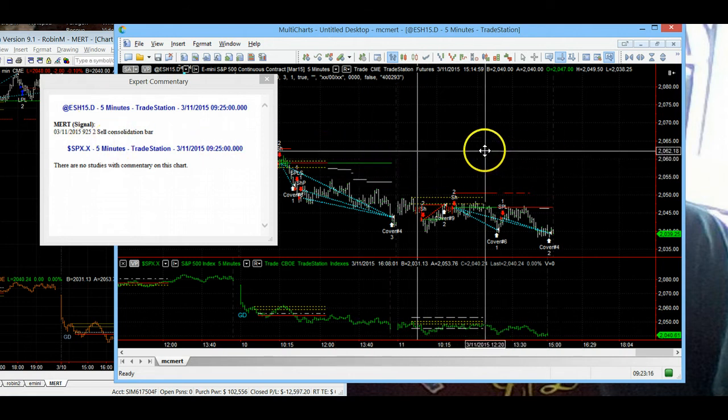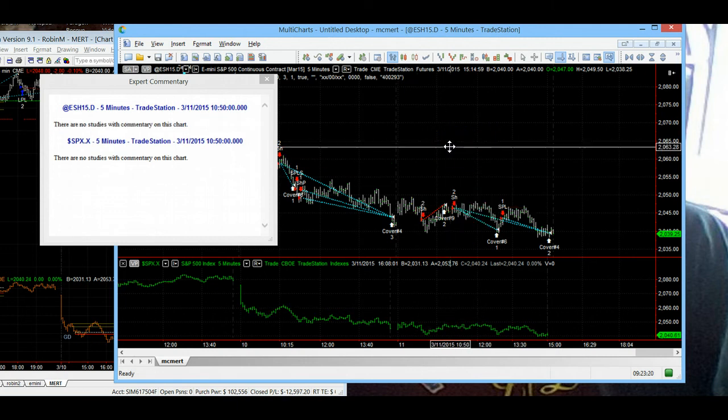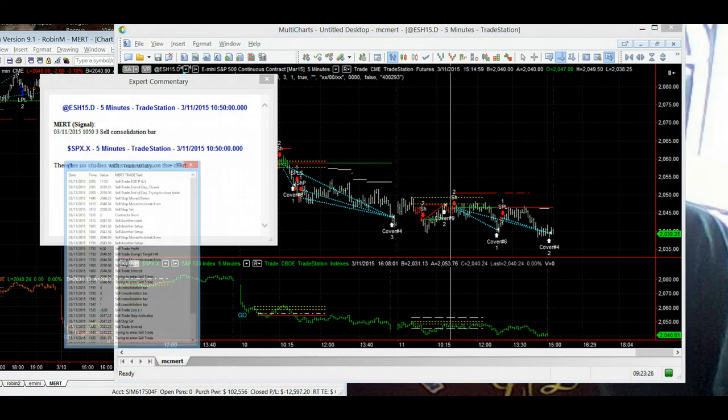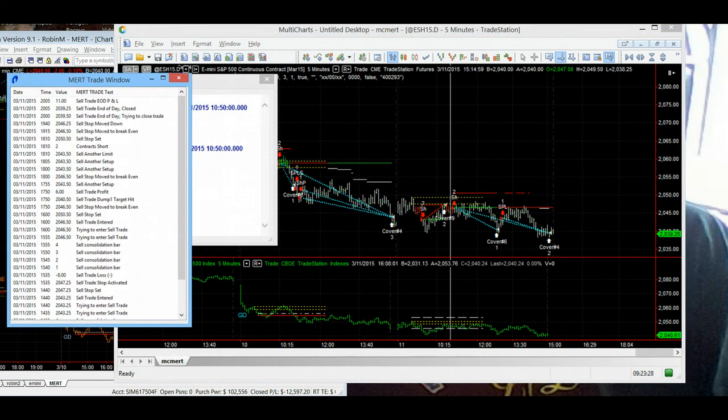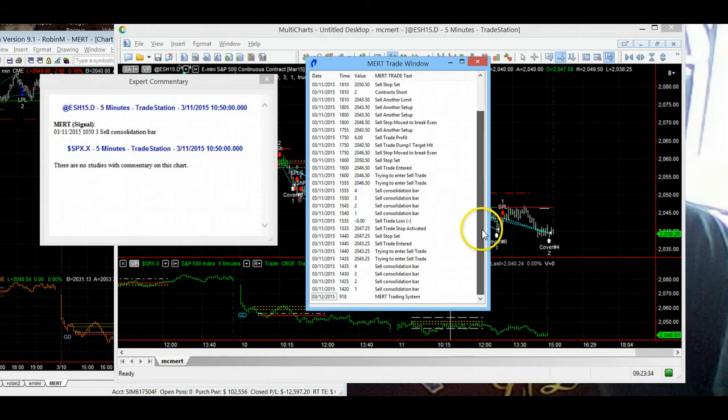So if I wanted to know what was going on this bar, say, it tells me it's a sell consolidation bar at 15.10. And if I look on our trade window for TradeStation, I can see, actually I think this might be a slightly different time. Yes, because I've got this set to UK time and this set to exchange time, which is central time in the US.